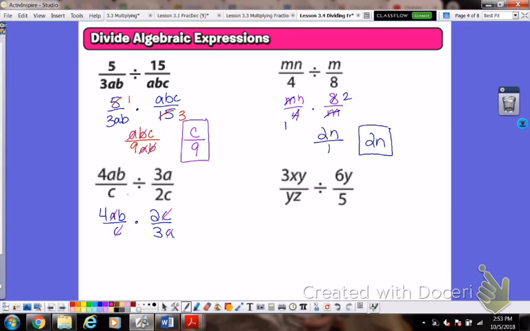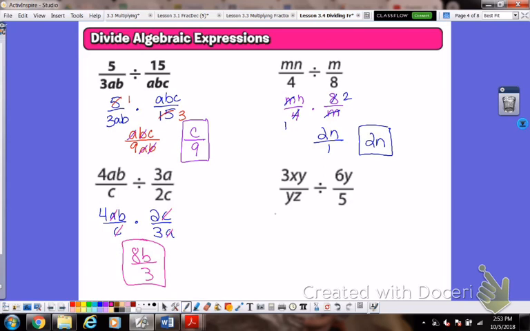Now I have a 4 and a 2, but they're both in the numerator, so we cannot reduce those. So 4b times 2, multiply our coefficients of 4 and 2, 8b over 3. Well, nothing divides into 8 or 3, and I only have 1b in my numerator at this point. So final answer, 8b over 3.